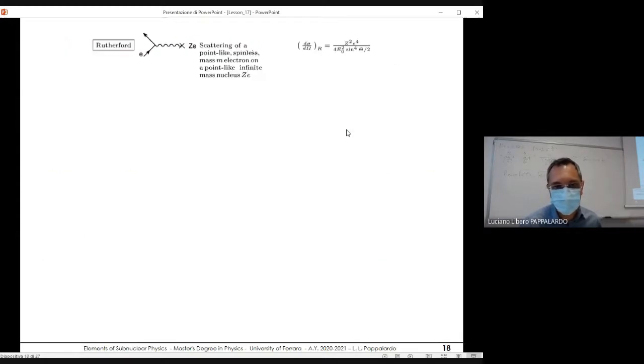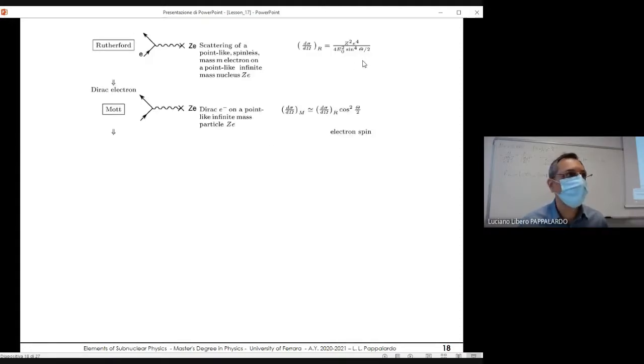Now let me summarize all we have learned so far. We started from the Rutherford cross-section, the scattering of a point-like spinless electron on a point-like infinite mass nucleus. Then we increased our energy, so now the electron is relativistic and has spin, so it is a Dirac particle, and we obtained the Mott cross-section, which has this cosine-squared term that allows us to suppress the backscattering in case the proton is spinless.